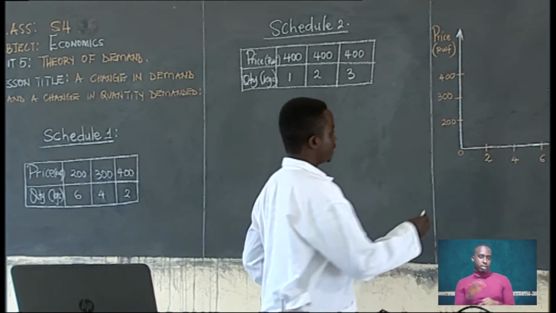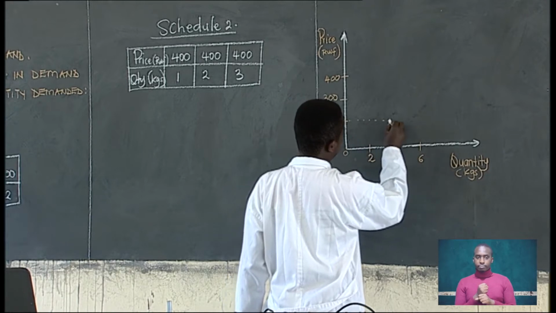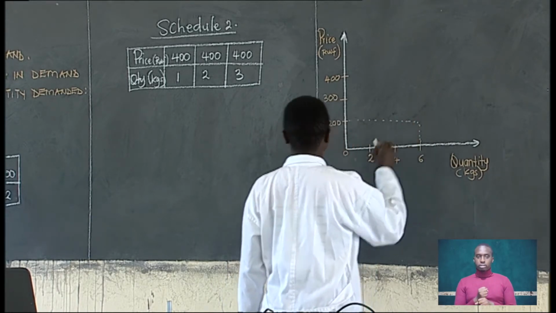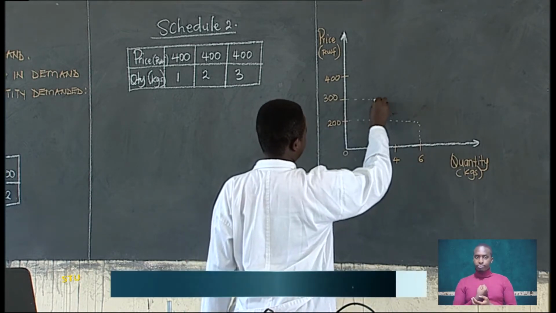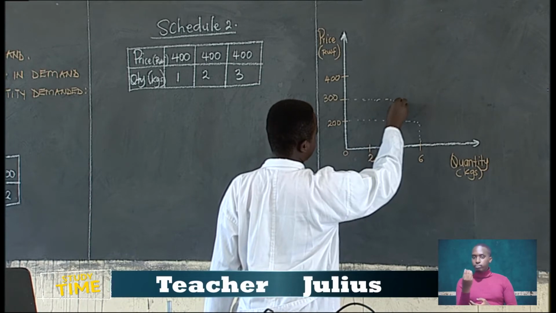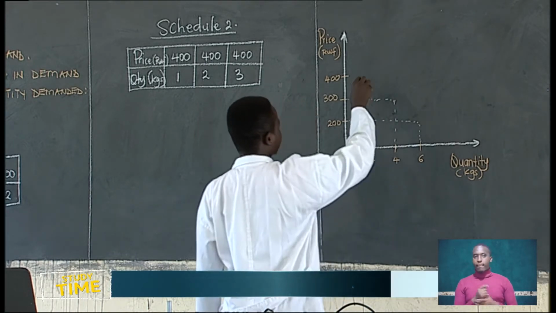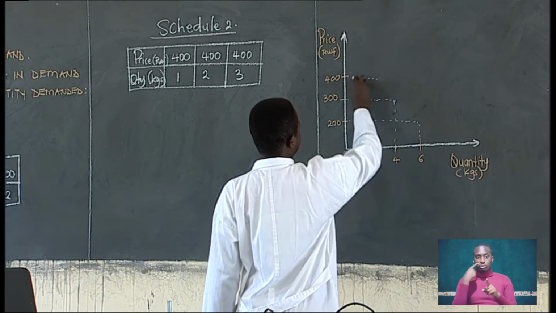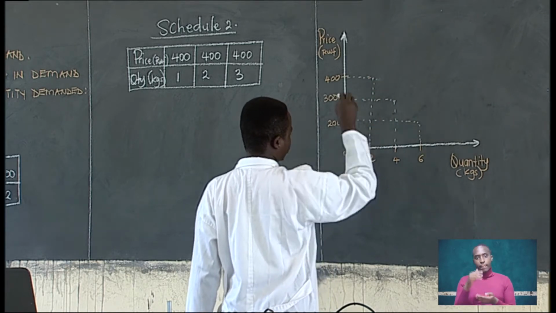Now, if you plot your curve here, then at 300 we have 4 units of the commodity bought. As the price keeps on increasing, the quantity demanded keeps on reducing.